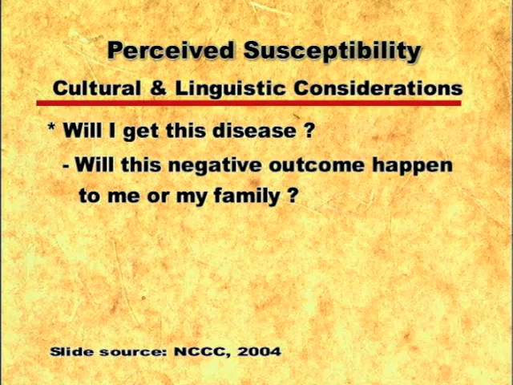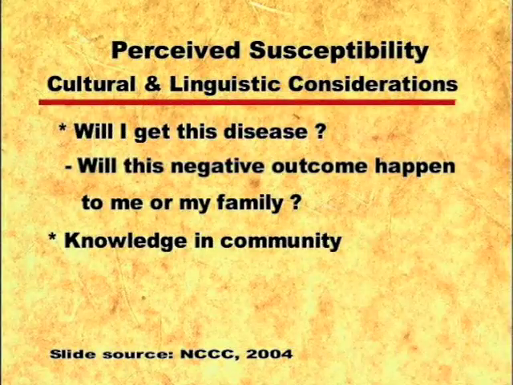So I want to go back now and examine each of these elements in terms of how we can use them to think about cultural competence in our health promotion. Let's start with perceived susceptibility. That's really, am I going to get this disease or this negative outcome? Will it happen to me or my family?